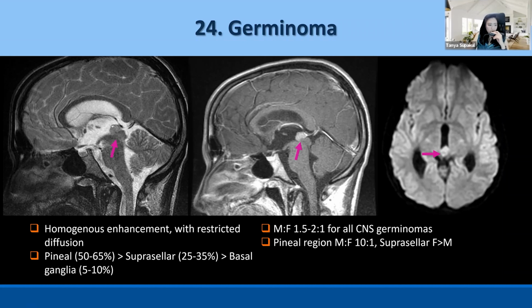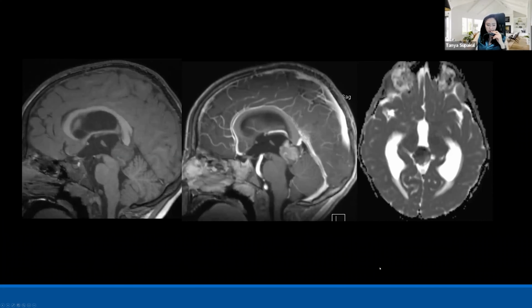But for neuroradiology fellows, the third most common location for CNS germinoma is in the basal ganglia. It's only about 5 to 10%, but you still need to remember those things. And when you see something suspicious for germinoma, we should get a complete evaluation of the spine for drop metastasis.